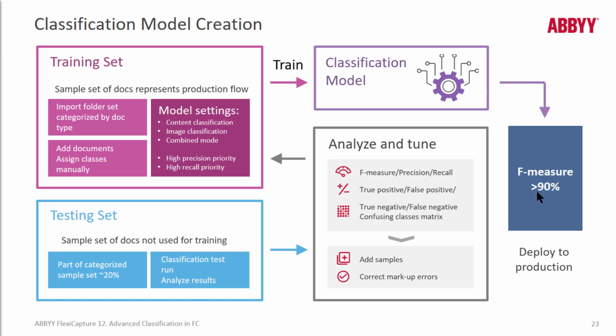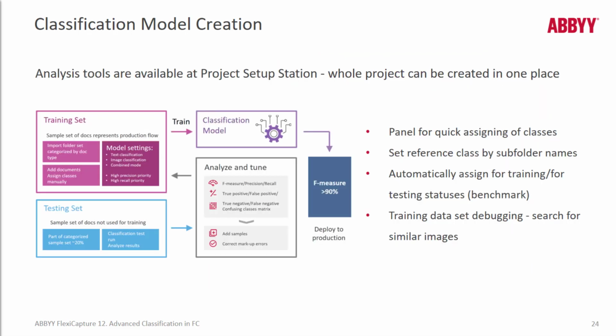And then enable classification in the project or batch type properties. When you do that, select the trained classifier model and test the classifier in a working batch. And you need to know that there are analysis tools available at the project setup station. Again, as we mentioned, the whole project can be created in one place.